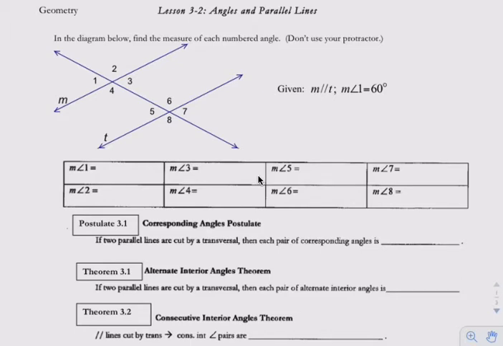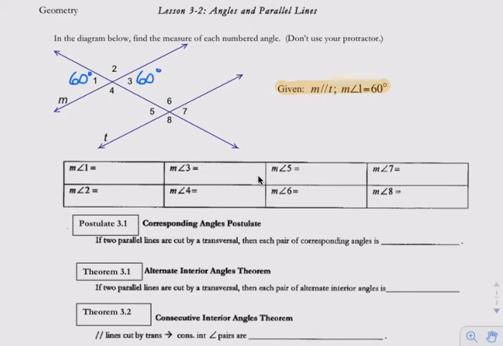Okay, so let's suppose that you are given that line M is parallel to line T, and the measure of angle 1 is 60 degrees. So if I told you that this angle measure is 60 degrees, what other angles could we find? Well, we know that vertical angles are congruent, so that would mean that angle 3 would have to be 60.